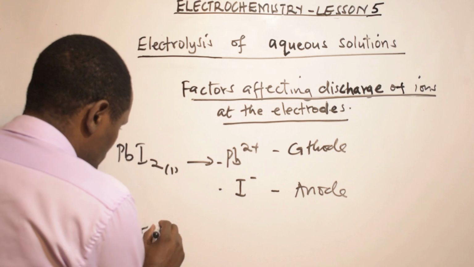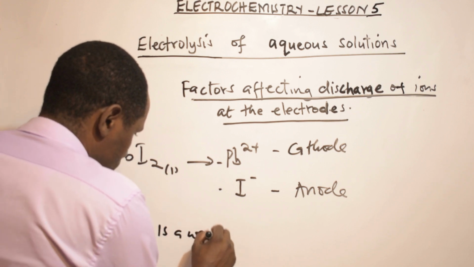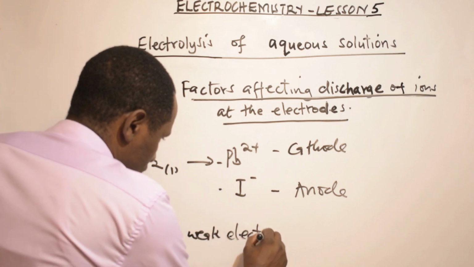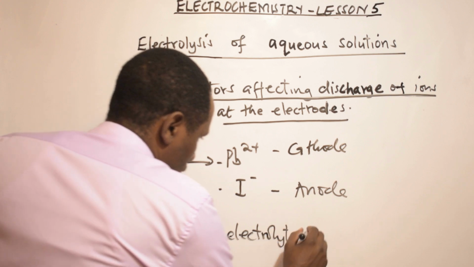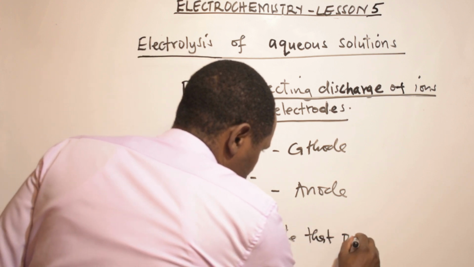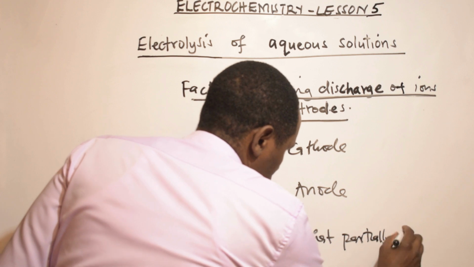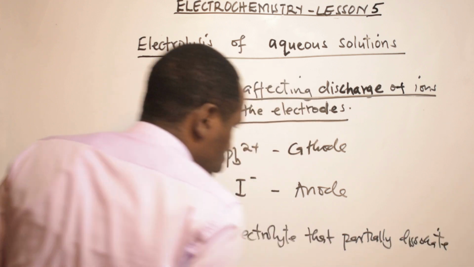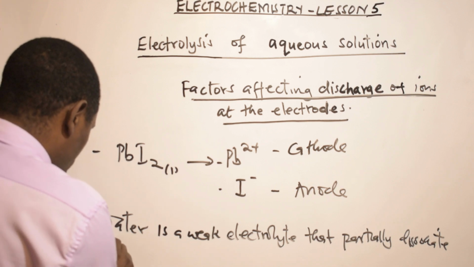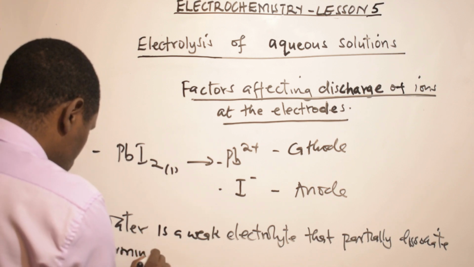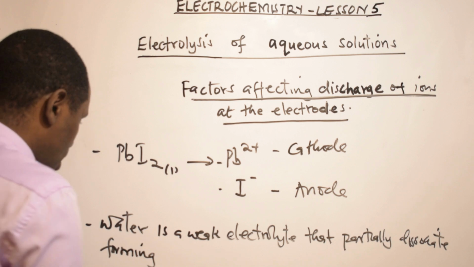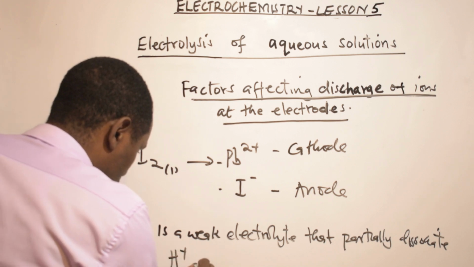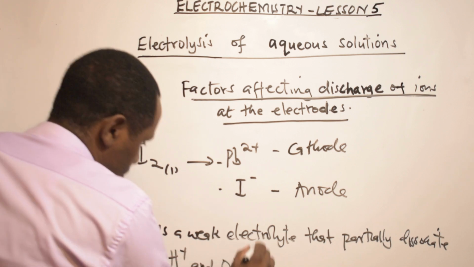It's important to know that water is a weak electrolyte that partially dissociates in water, forming hydrogen ions and hydroxide ions.